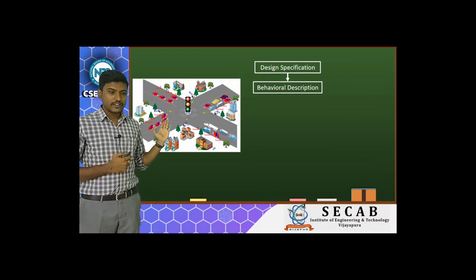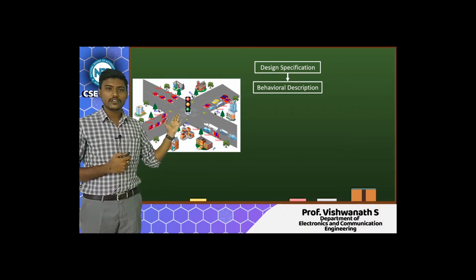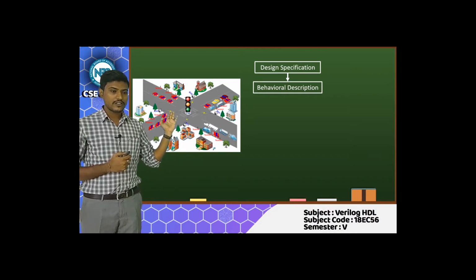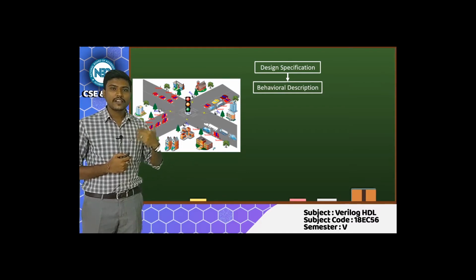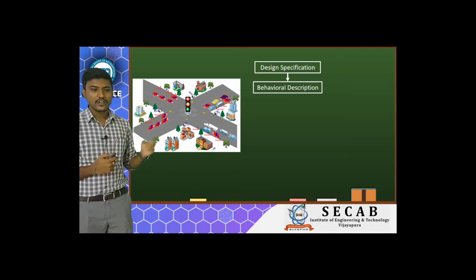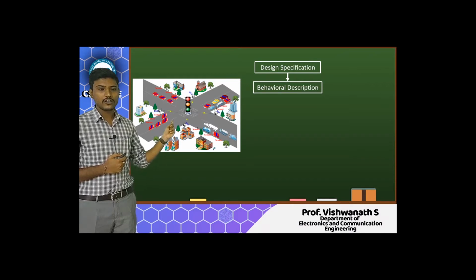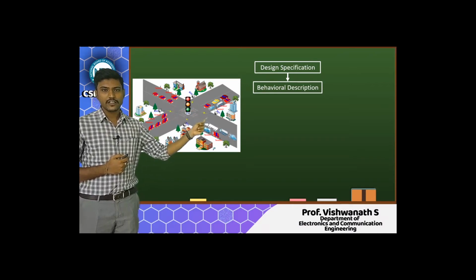Afterwards, if this road is kept green, I need to make sure that it is made red again. Once this has been made red, I should make the next road green. This is the second behavior. It has to move on like a cycle, and all the roads should be given a green signal.